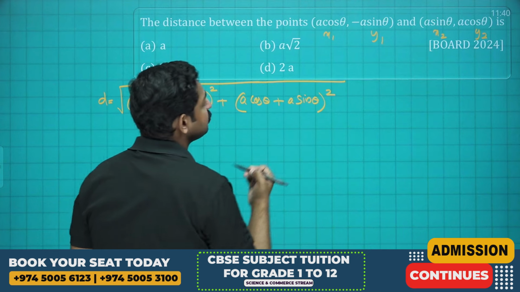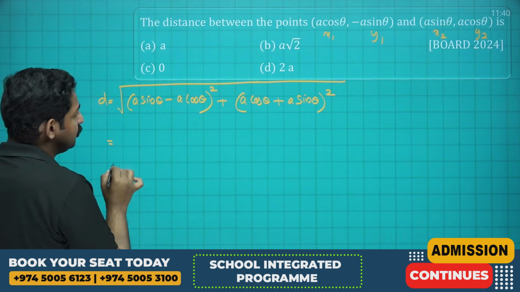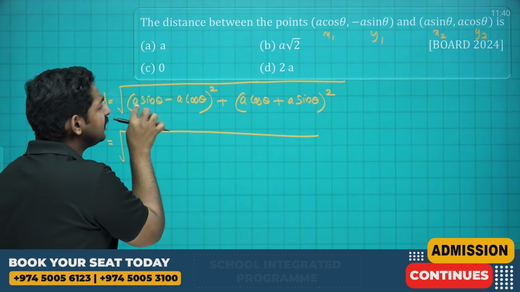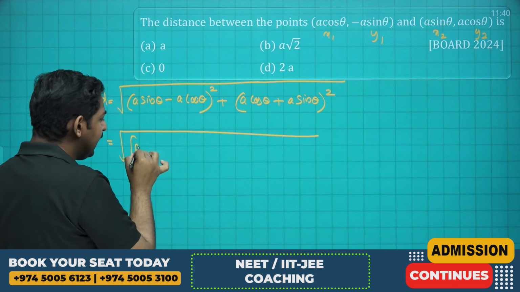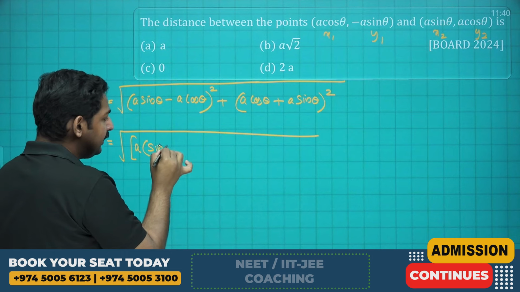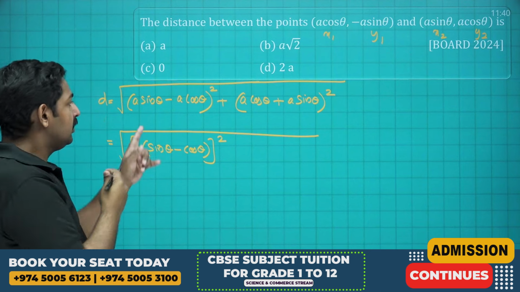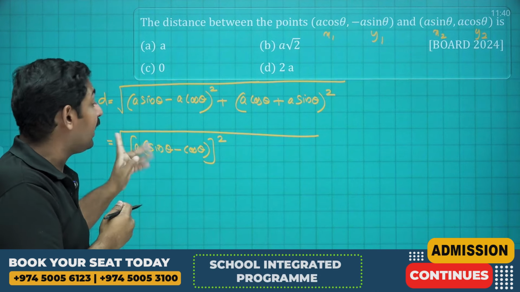Okay, by using the distance formula we wrote the formula, we substituted the values. On the next step, which is equal to root of, here you can see in both the terms a is there, correct? So we can take a outside. So if you take a outside, a into sin theta minus cos theta the whole square is there, because this a is inside the bracket, so square is valid for a also.